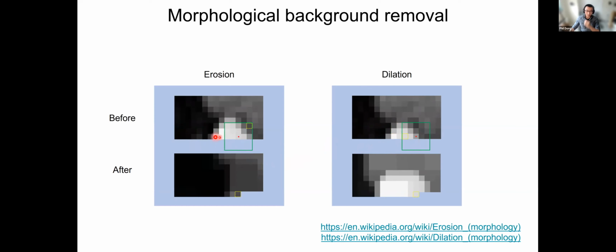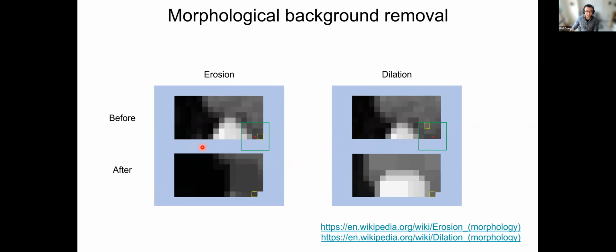So as you can see with these two animations here, the effect of erosion is that it erodes away any bright blob that's smaller than the kernel size, because as the kernel goes through here, it's going to take these dark pixels from the neighborhood and use that as the new pixel value. So the effect of it is it takes away any bright feature that's smaller than the kernel.